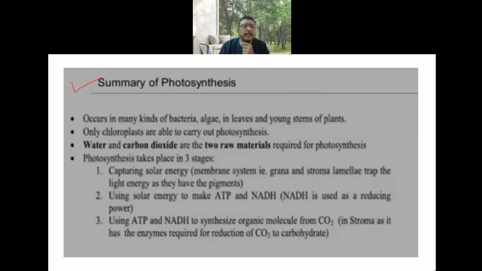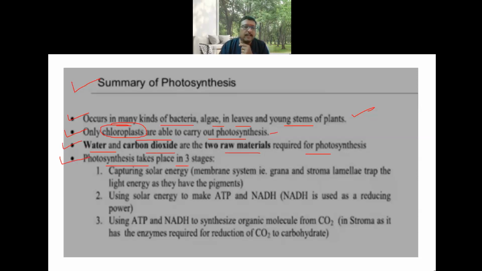Photosynthesis occurs in many kinds of bacteria, but in plants only chloroplasts are able to carry out photosynthesis. Basically, chloroplasts are the cell organelles where photosynthesis occurs. Water and carbon dioxide are two raw materials required for photosynthesis, along with the presence of light and chlorophyll pigment.